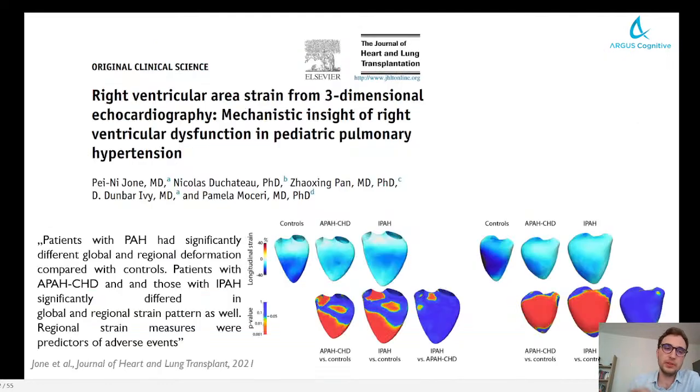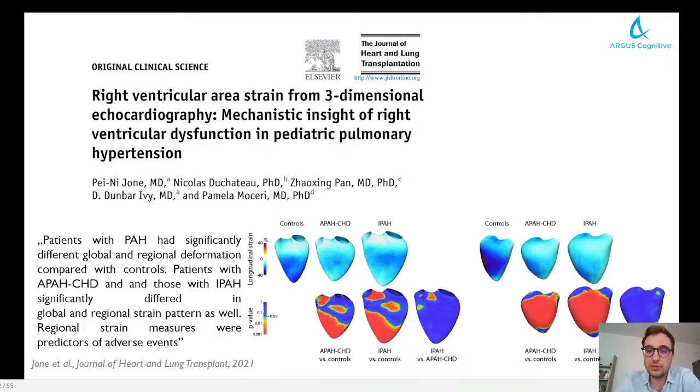There are some more preliminary data. For example, there's a study with pediatric pulmonary hypertension patients, and in these patients, the global and also the regional deformation was markedly different compared to the controls. The idiopathic pulmonary hypertension patients and the congenital heart disease pulmonary hypertension patients were also significantly different regarding their global and regional strain pattern.